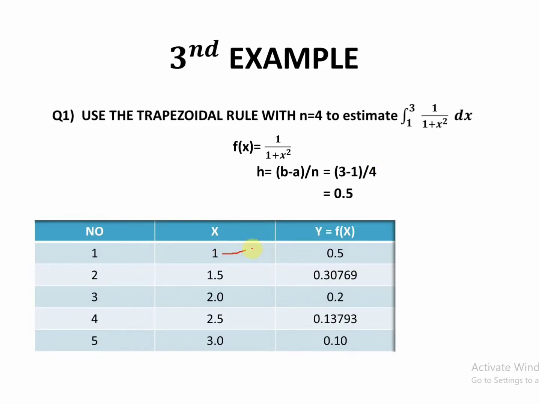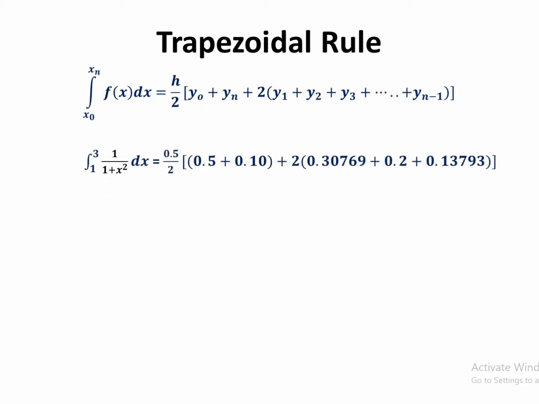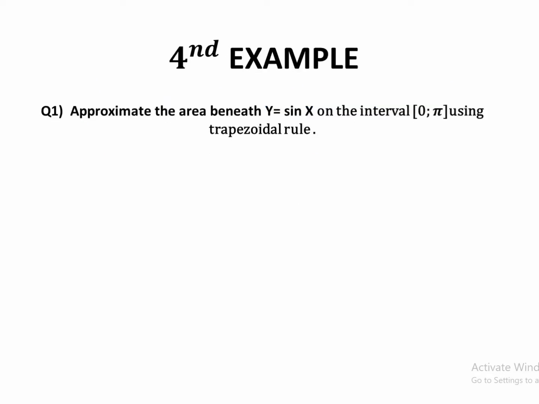You put the value of x here and find f of x. In the same way, you put 1.5, 2, 2.5 and 3, and find the values of f of x. Now putting these values in the trapezoidal formula, you will find the answer 0.69781.